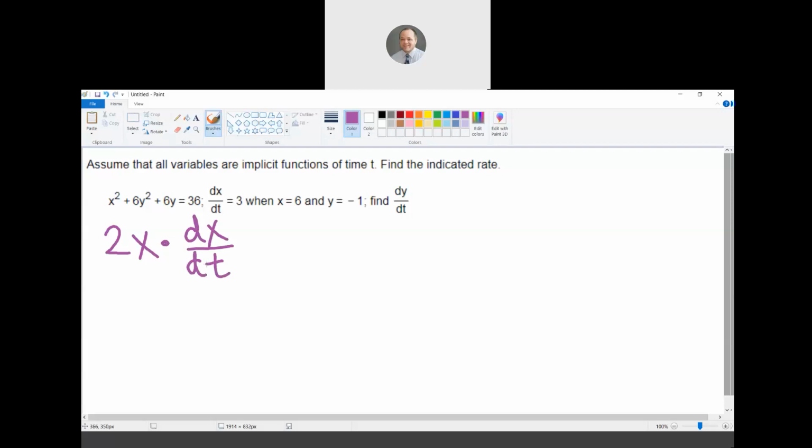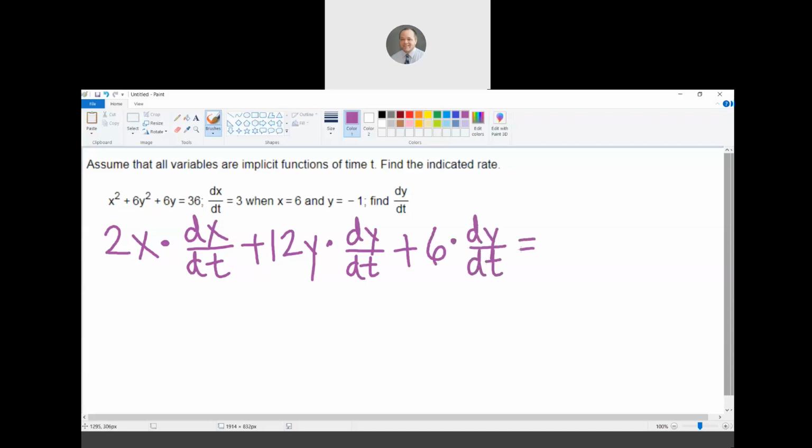Now, plus the derivative of 6y squared, which is 12y, and because we're taking the derivative of y with respect to t, include the ratio dy over dt. The derivative of 6y is just plain old 6 dy over dt. And finally, the derivative of 36 is 0.